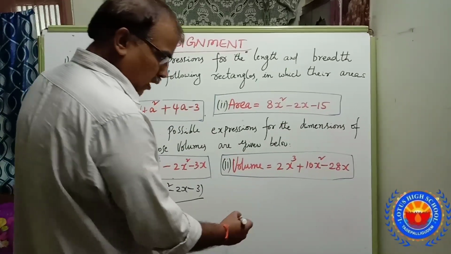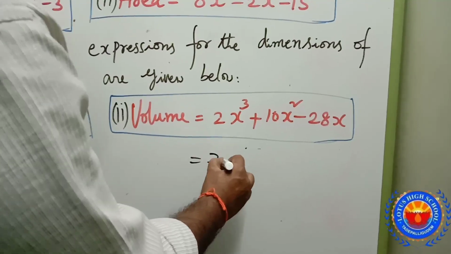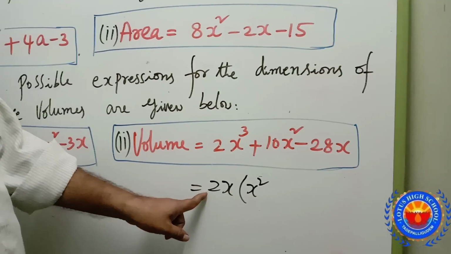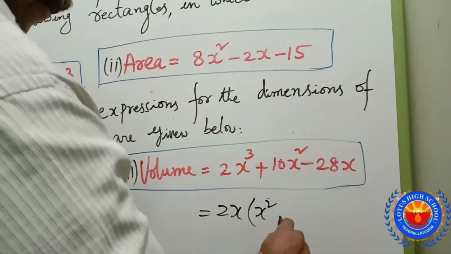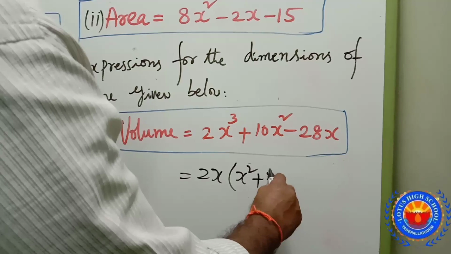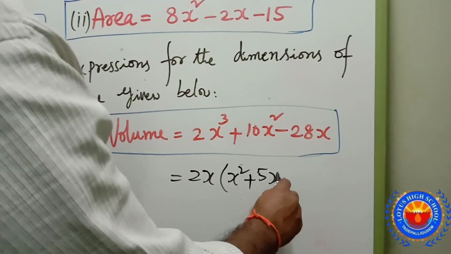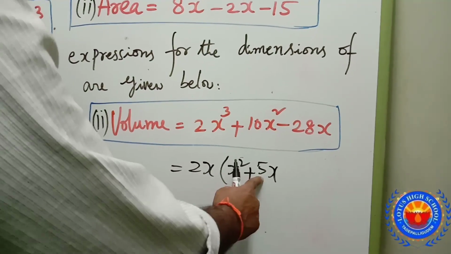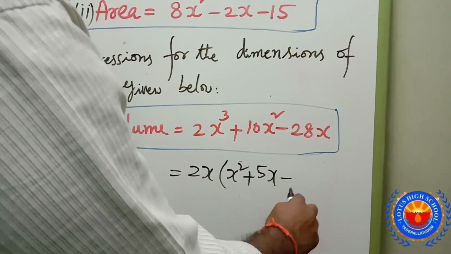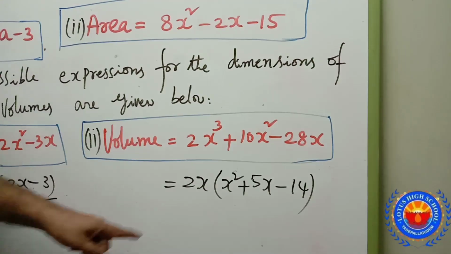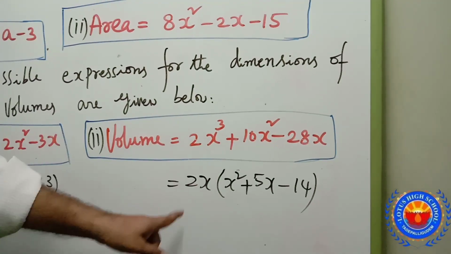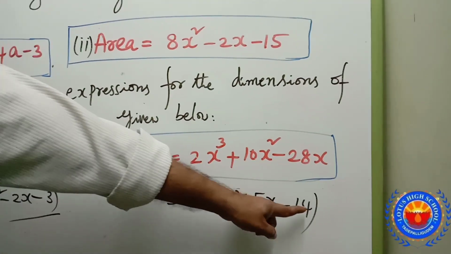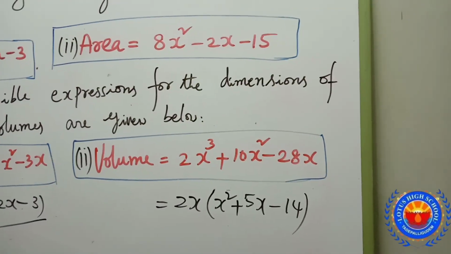Coming to the second model, here we can take 2x as common: 2x into x square is 2x cube, 2x into plus 5x is 10x square, and 2x into minus 14 is minus 28x.